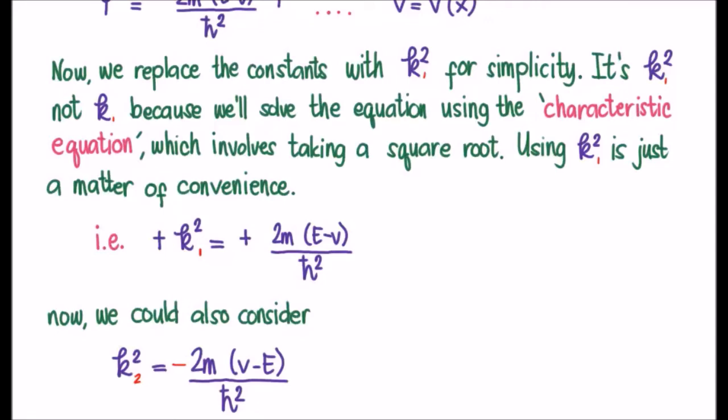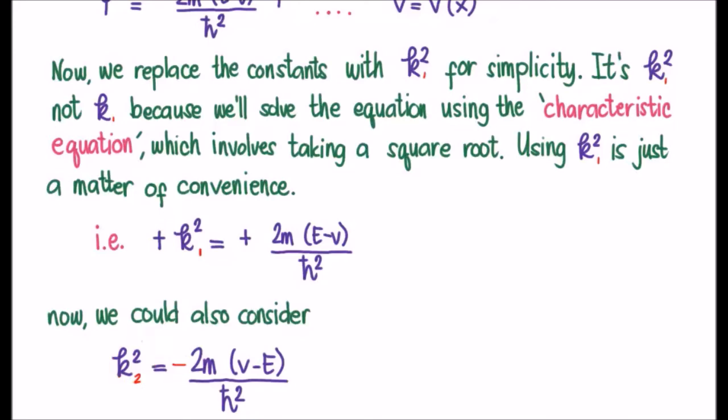Now, although, of course, the constants are the same, it looks slightly different, and for that reason, I'm going to give it a different name. I'm going to call this one k sub 2 to be squared. So when we have 2m e minus v over h bar to be squared, I'm going to call it k sub 1 to be squared. And when we have minus 2m outside of v minus e over h bar to be squared, I'm going to call it k sub 2 to be squared.